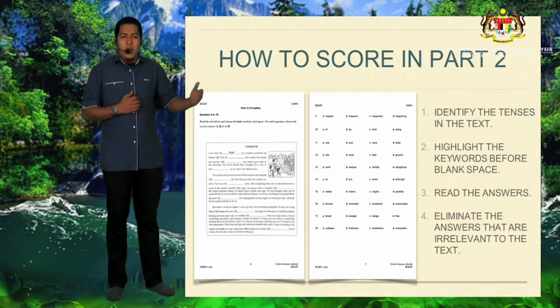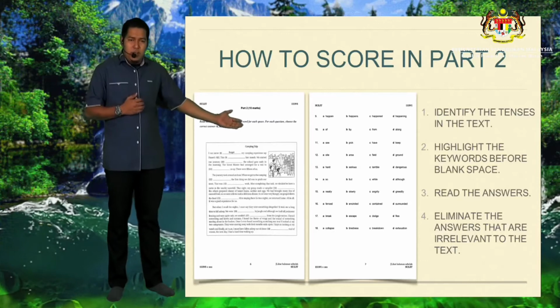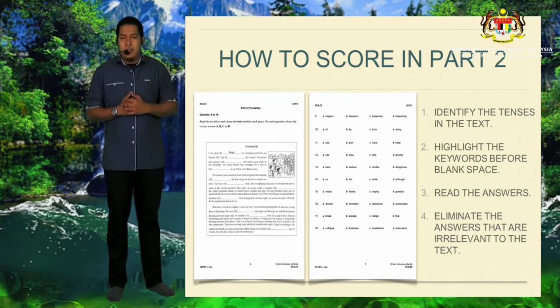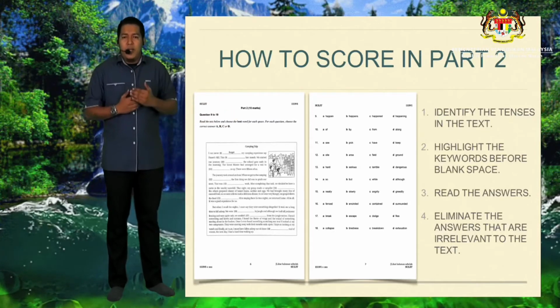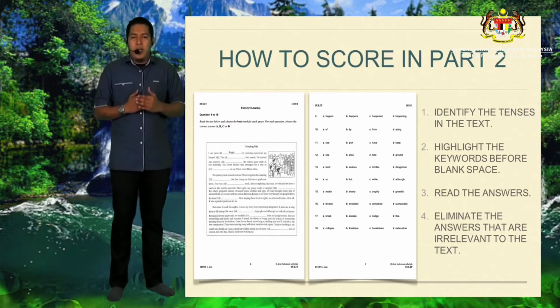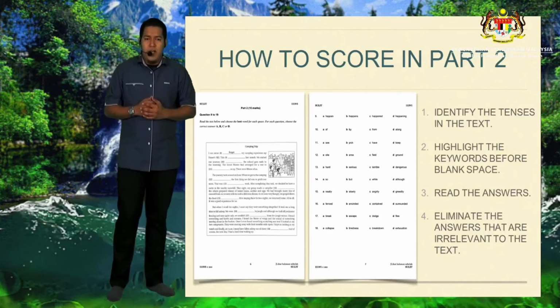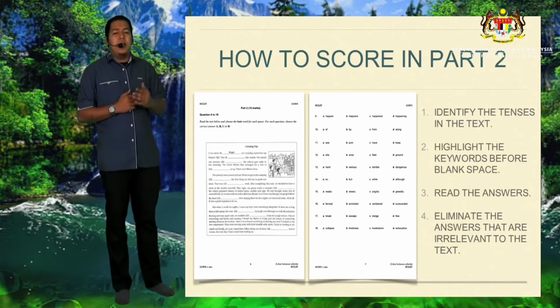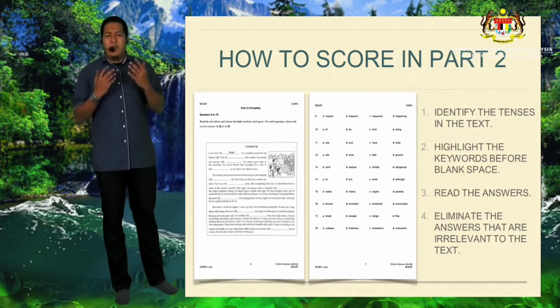Look at the third tip. Read the answers. Please read the answers carefully so that you know the meaning of each answer. And number 4 is eliminate the answers that are irrelevant to the text.